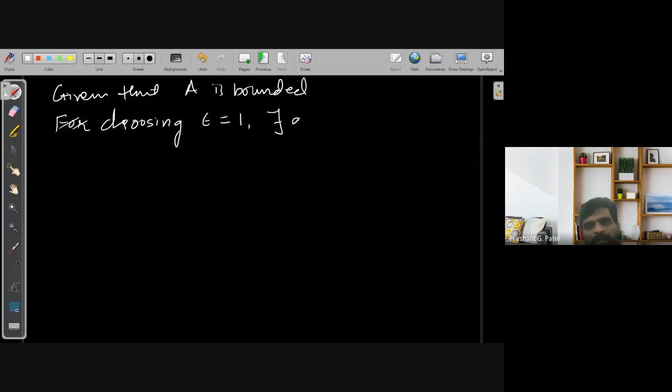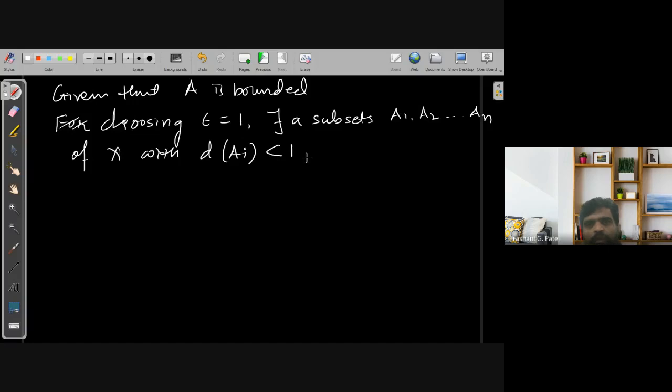Then there exist finitely many subsets A1, A2 up to An of X, with the diameter of each Ai less than 1, because we have taken epsilon as 1, for every i running from 1 to n, such that A is a subset of the union of these Ai. That means A is covered by these. This is because A is totally bounded.